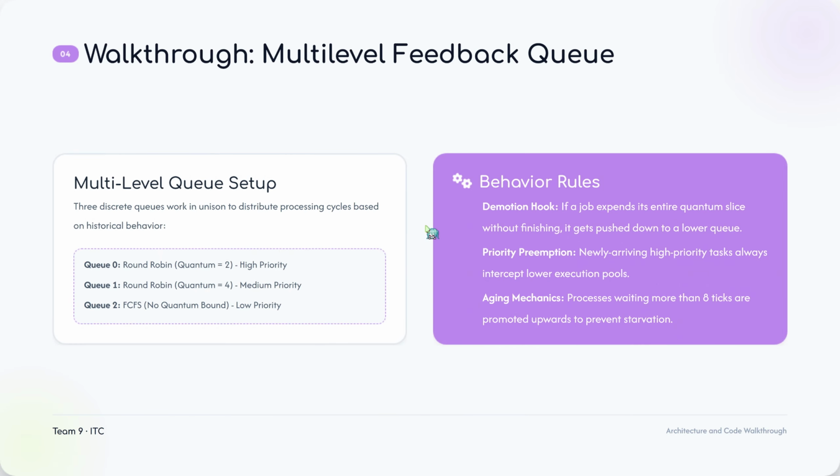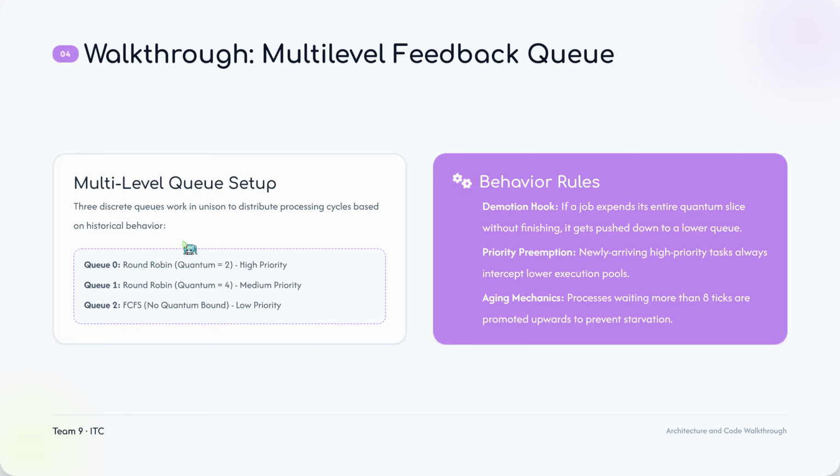And now to the walkthrough of the multi-level feedback queue. Unlike the simpler algorithms, our MLFQ implementation configures 3 discrete queues that dynamically distribute processes based on the process's historical behavior.